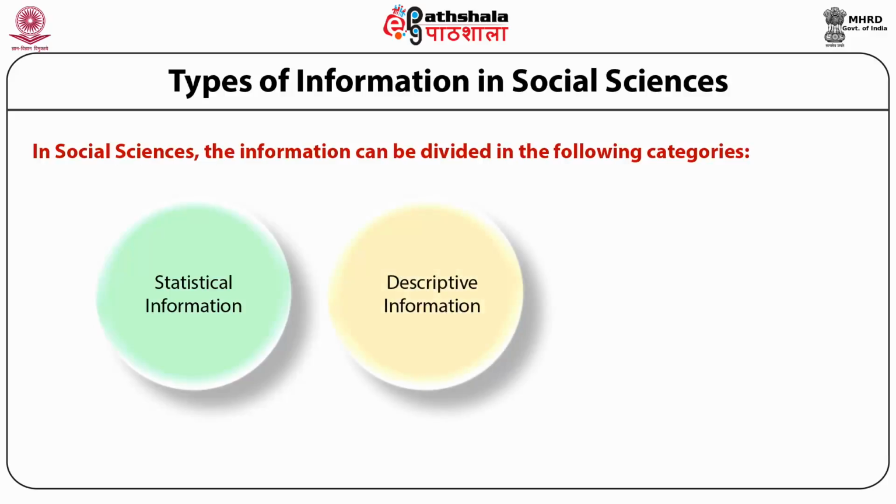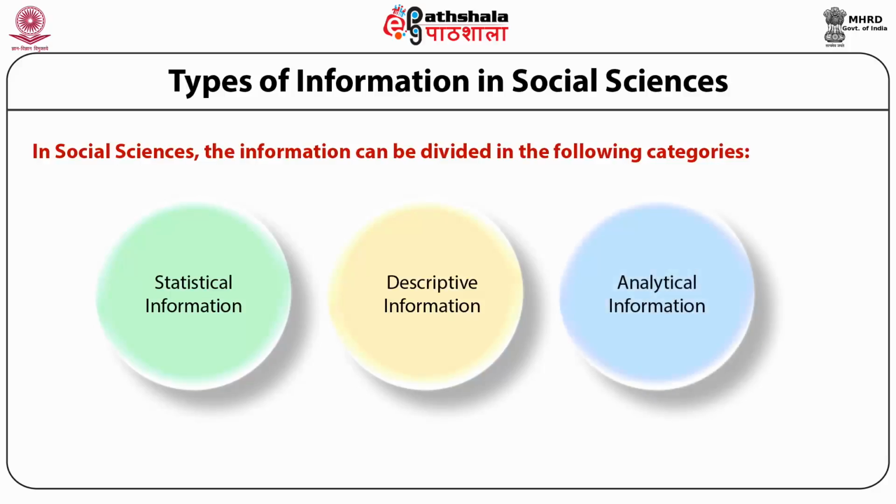Descriptive information is also required by the social scientists when they need to give a description about a subject, about a topic in the field of their research. They also need analytical information when a particular social problem needs to be analyzed in the broader social or socio-political perspective.